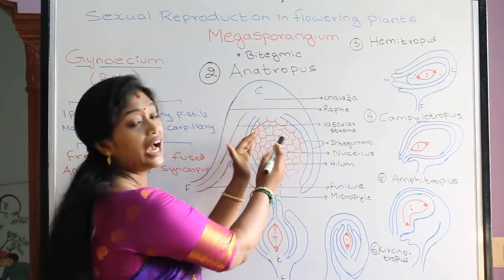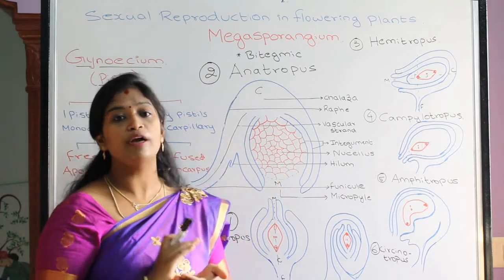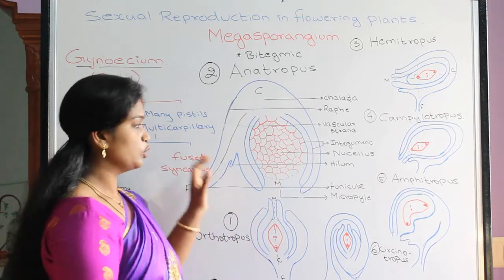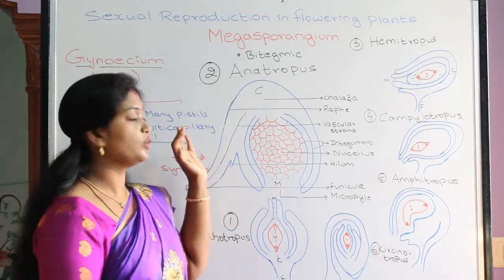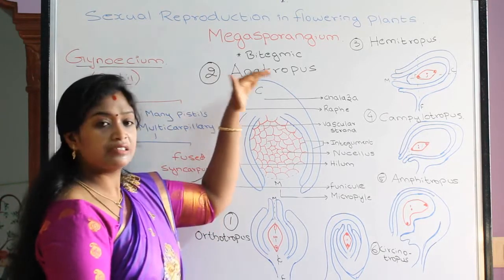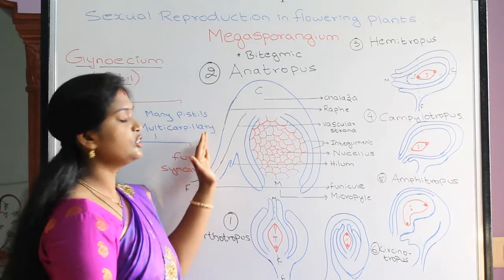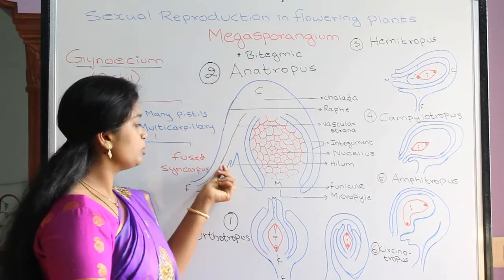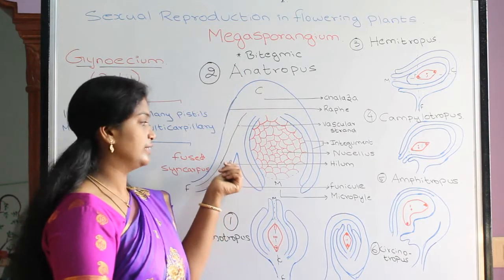Inside the integument we have a dense mass of diploid tissue, and this diploid tissue is called the nucellus. So, in the typical structure of the ovule, we have a funicle, and the funicle is attached to the body, and the extension of the funicle over the body is called the raphe, and the attachment of the funicle to the body is called the hilum.